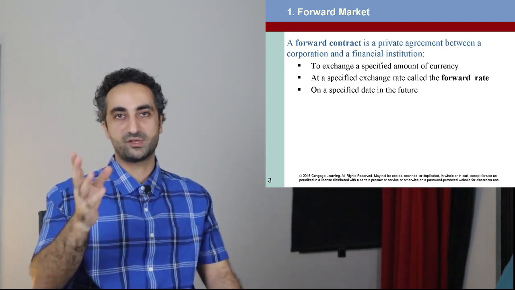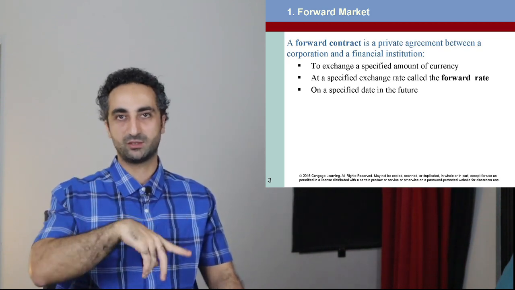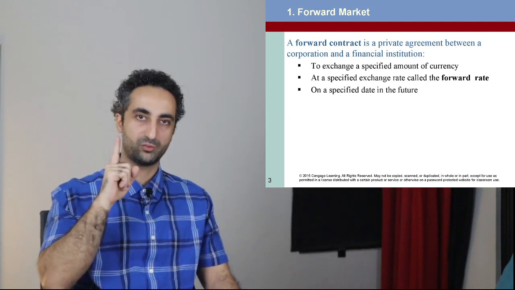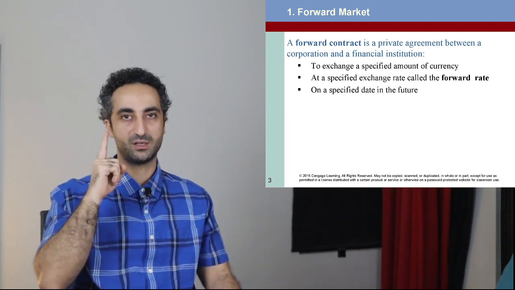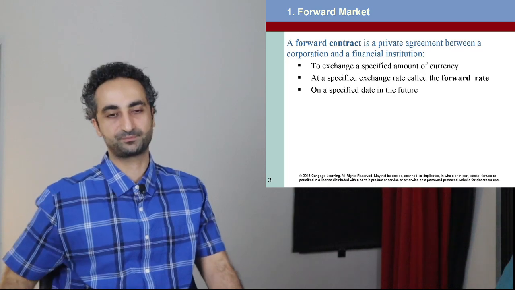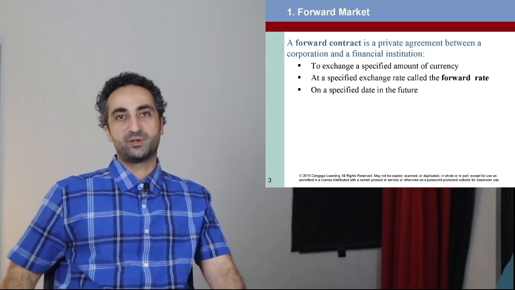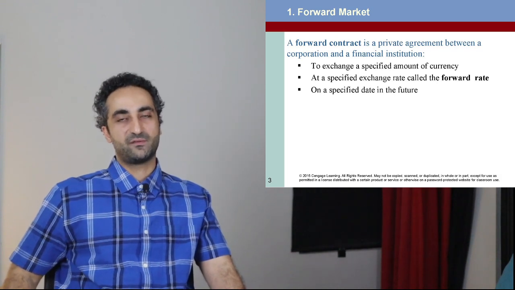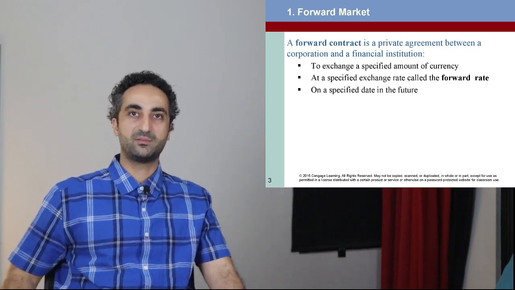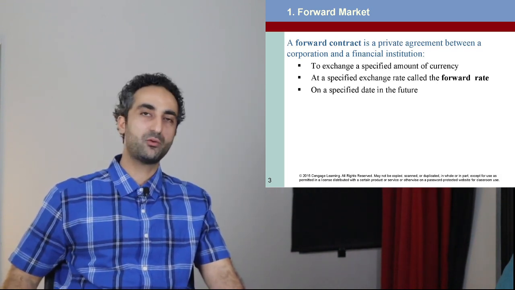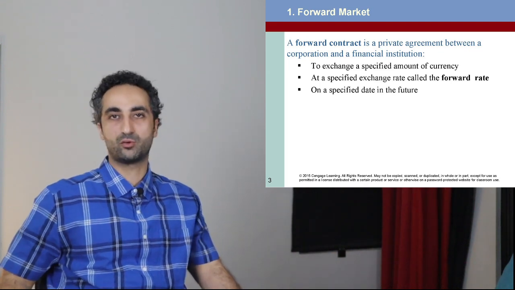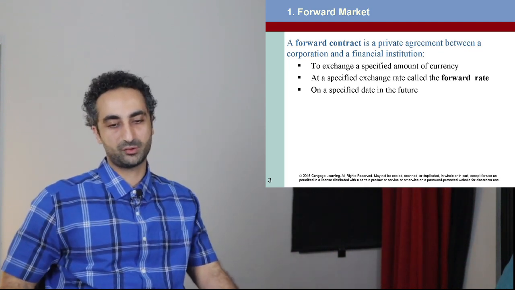Malaysian ringgit to USD is 4 in the spot market. You go to Bukit Bintang, you get 1 USD equal to 4 ringgits. However, if you want to purchase it after 3 months through a forward contract, the rate might be different. What are we going to call this rate? Forward rate. Simply forward rate.